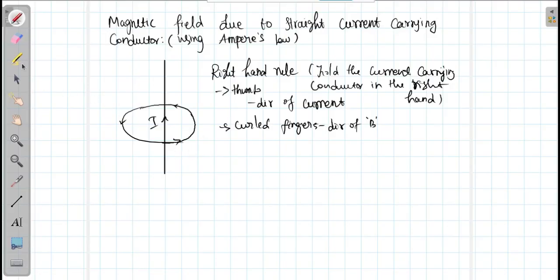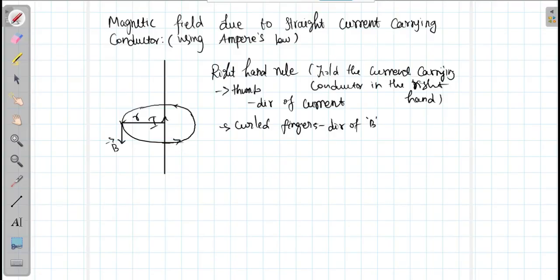At any instant, if you want to take the direction of magnetic field, it will be perpendicular to the radius vector. Suppose the distance from the conductor is r, so the field is perpendicular to the radius vector at that particular point.